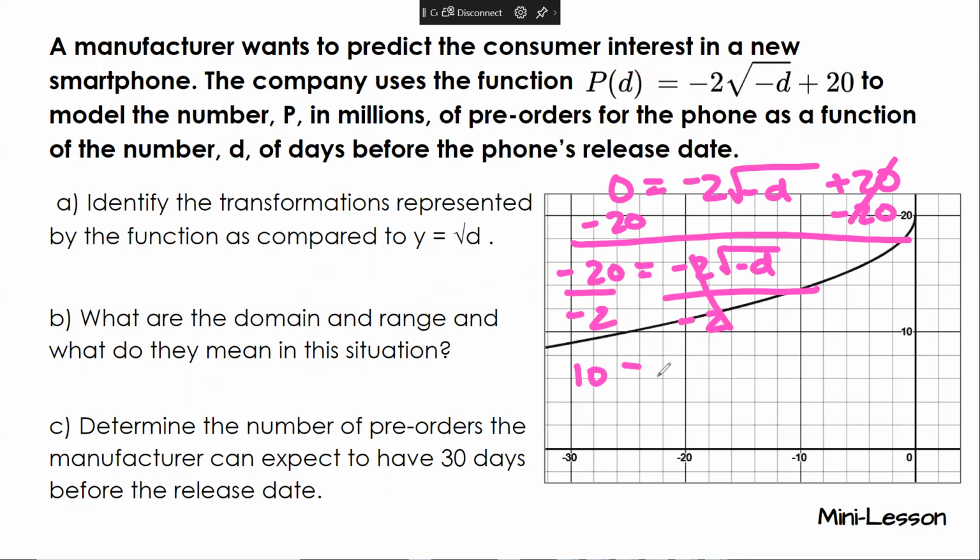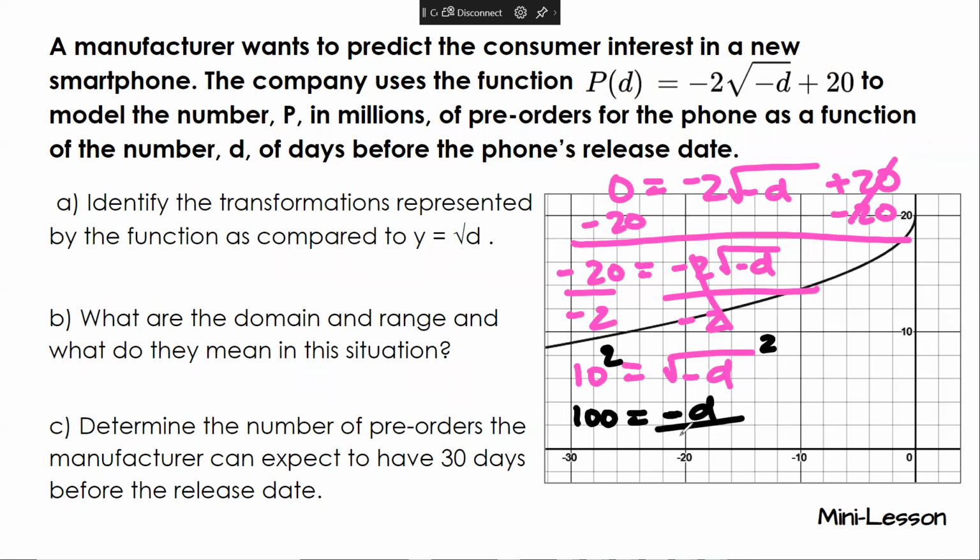And that gets me 10 equals the square root of -d. But d still has a square root above it, right? So how do we get rid of that? How do we get rid of a square root? We square both sides. And so that's going to give me 100 equals -d. Well, what's connected to this d right here?